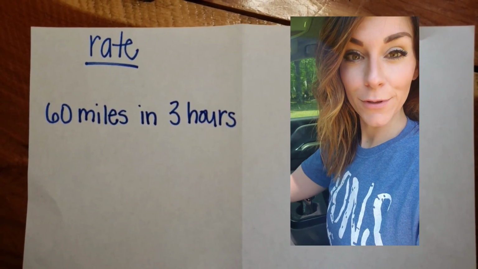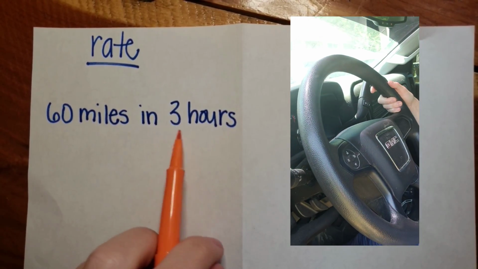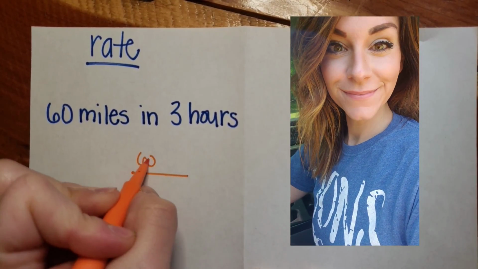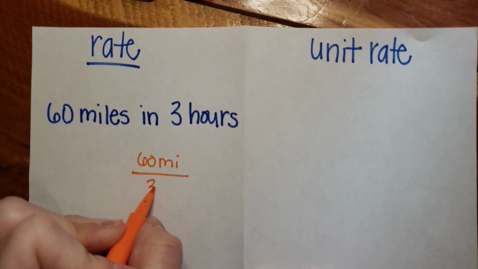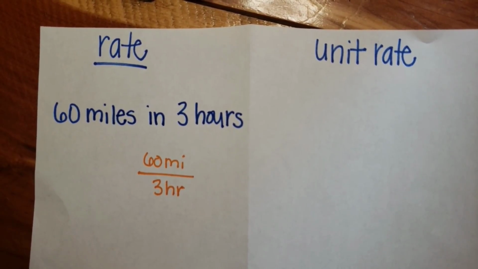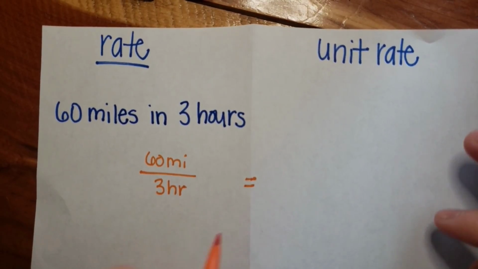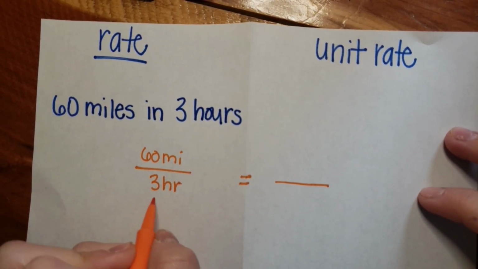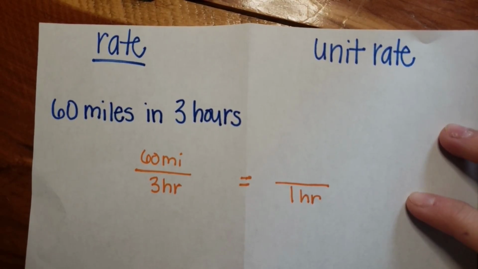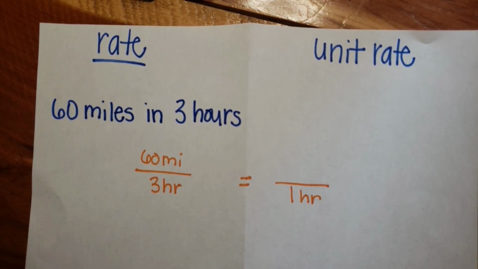My last example, 60 miles in 3 hours is my rate. I'm going to write it again as a fraction. This one is probably the most used rate into unit rate that we use in everyday life. 3 hours, we want to know how far we can go in 1 hour. What's our miles per hour?